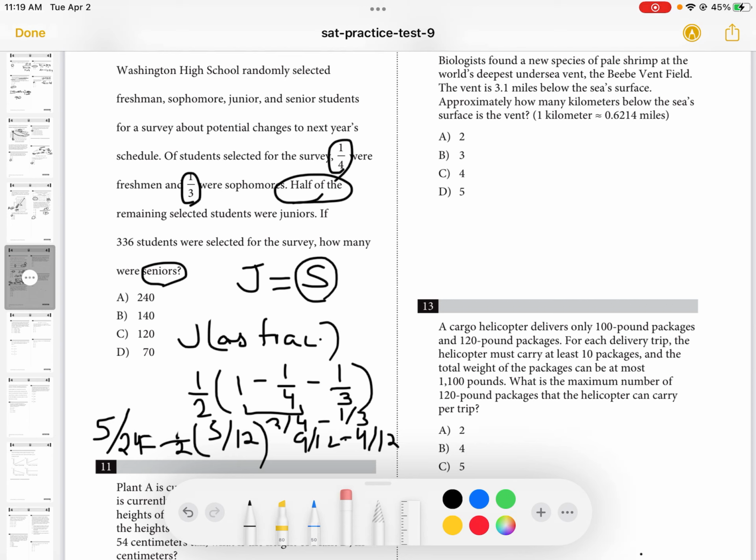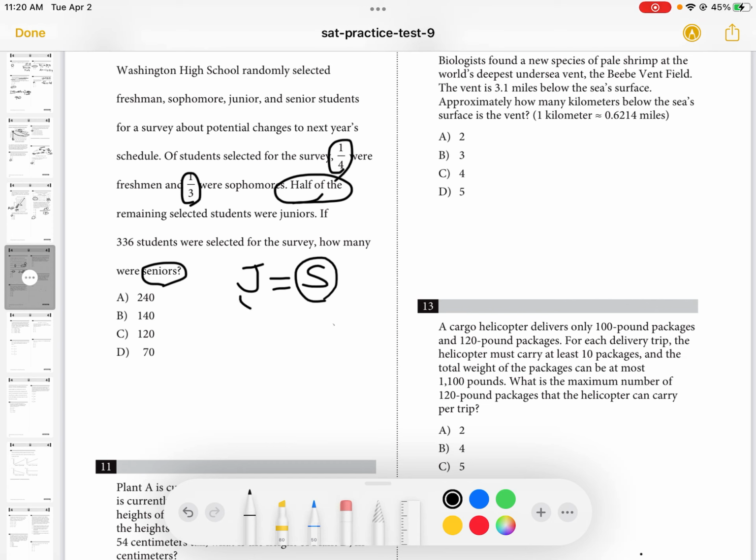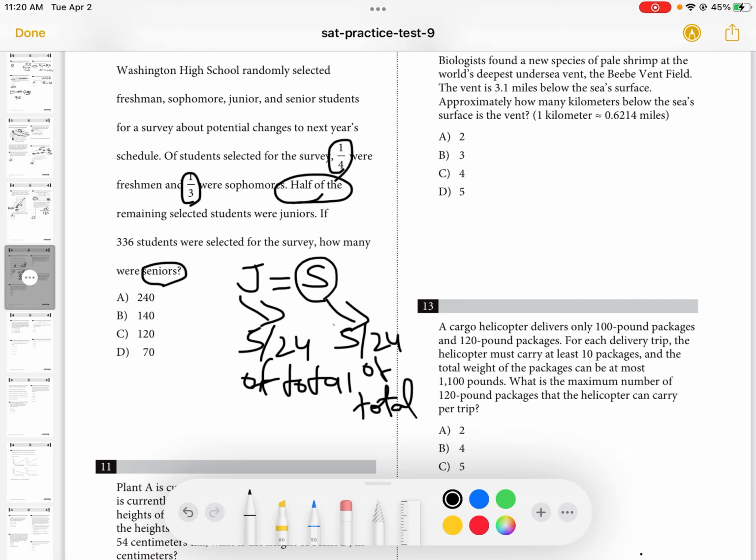Let me just get rid of this. So we know that our junior population is 5/24 of total. So that means our senior population is also 5/24 of total. Right.